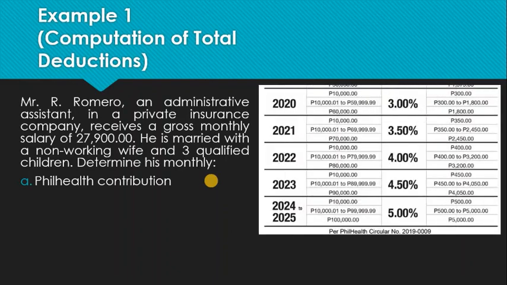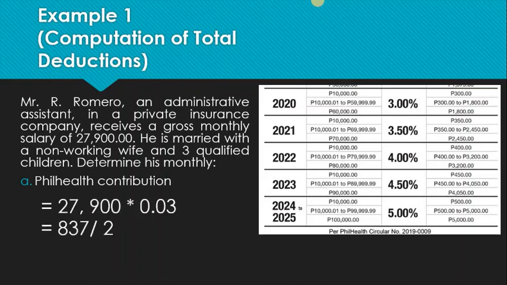For the PhilHealth contribution, again, this is the table for this year, 2020. Since 27,900 belongs to the upper column, which is 10,000 and above, we assume the premium is based on 27,900. How do we do that? 3% of 27,900 is 837. Why do we divide it by 2?